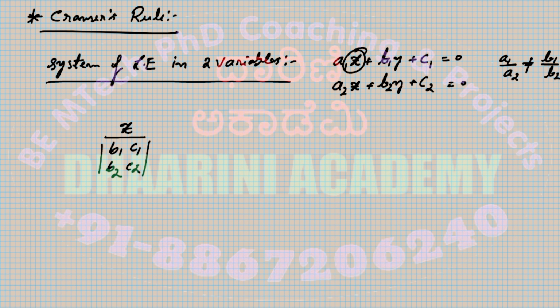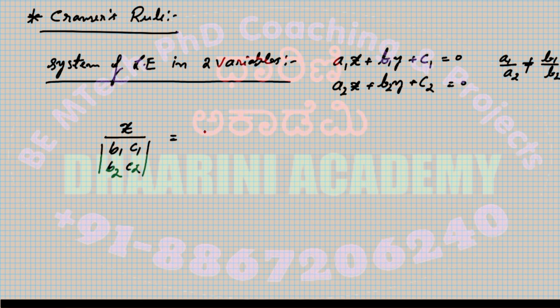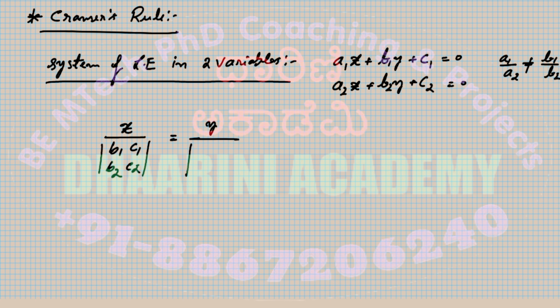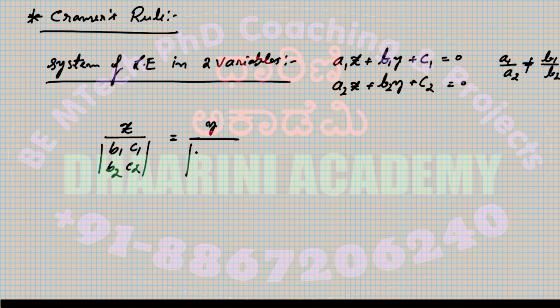This should be equal to y divided by, when I write y, I eliminate the coefficients of y and write the remaining. So it's minus y divided by the determinant, or you can take the minus outside the determinant: minus of a1 c1 a2 c2.